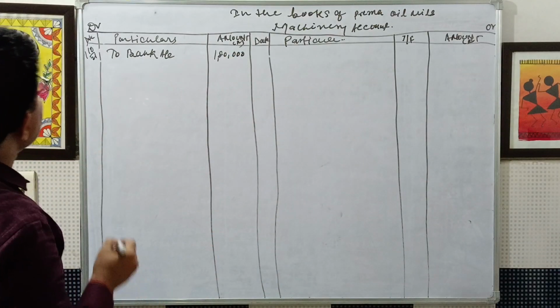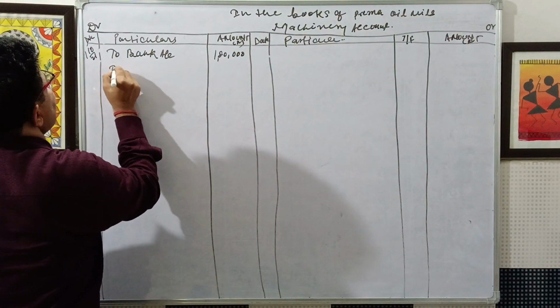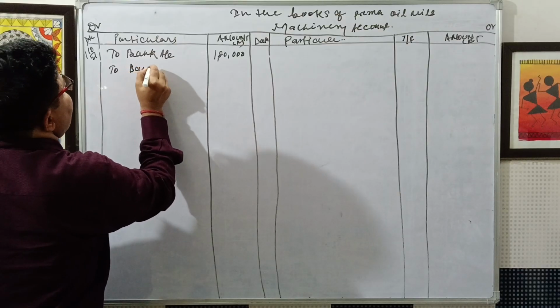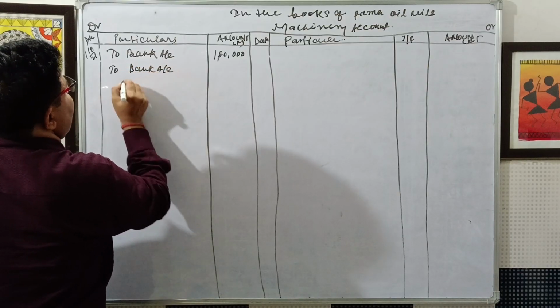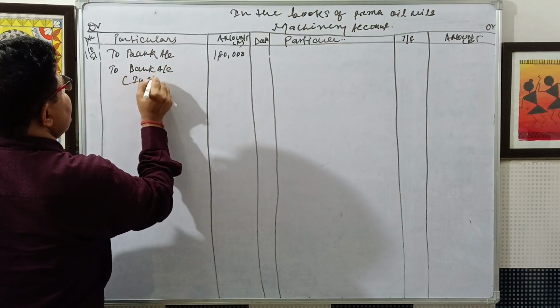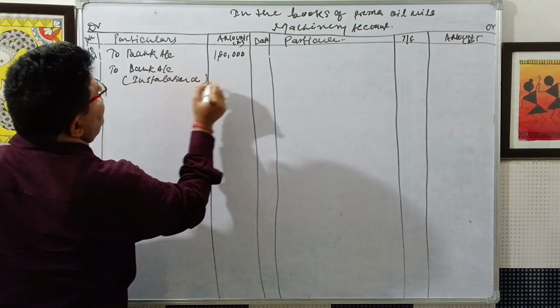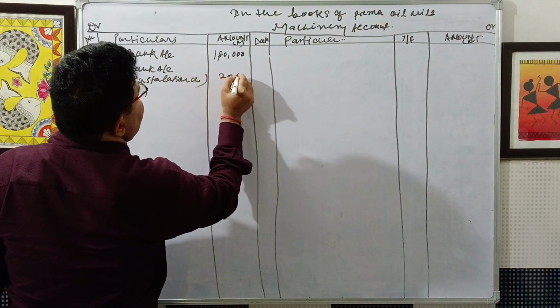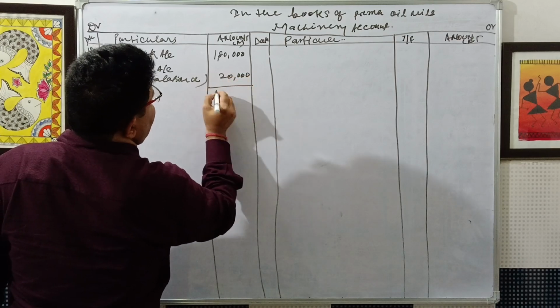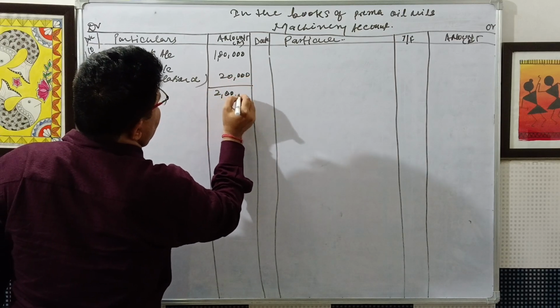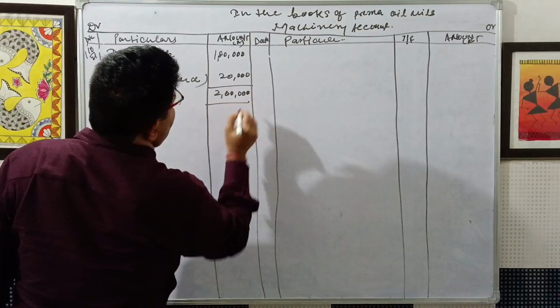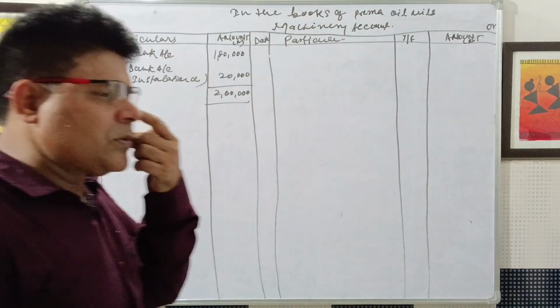And installation charge, to bank account, how much? 20,000. So it means 2 lakhs.